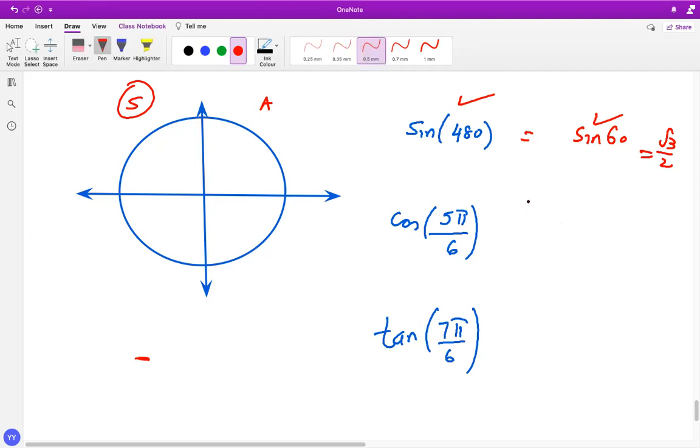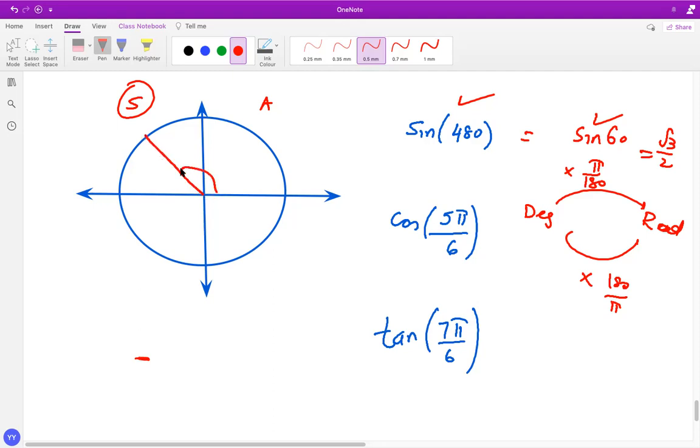Degrees to radians: multiply by pi by 180. And from radians to degrees, multiply by 180 by pi. So 5 pi by 6 is actually 150 degrees. So 150 is somewhere here, so it's the cos of 150. So cos of 5 pi by 6 will be the same as cos of 30 degrees.